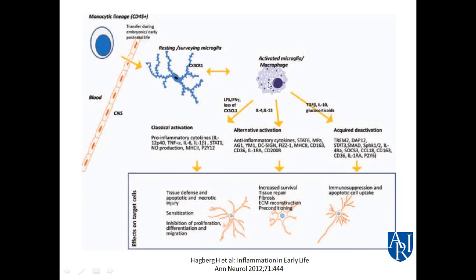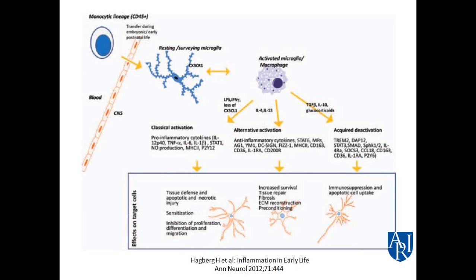and I apologize for this arrow. It becomes activated in the presence of insults to the nervous system, and when it's activated, it can have what we call classical activation, in which it secretes pro-inflammatory cytokines, these small proteins that have important effects on the cells in the nervous system.